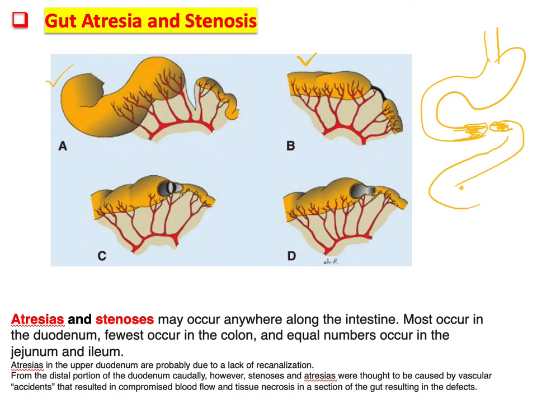But atresia in the distal part of the small intestine, distal to the duodenum, usually occurs because of a vascular accident, resulting sometimes from twisting or malrotation of the small intestine that leads to compromised and decreased, or sometimes obliterated, blood flow, and then it leads to necrosis, right?